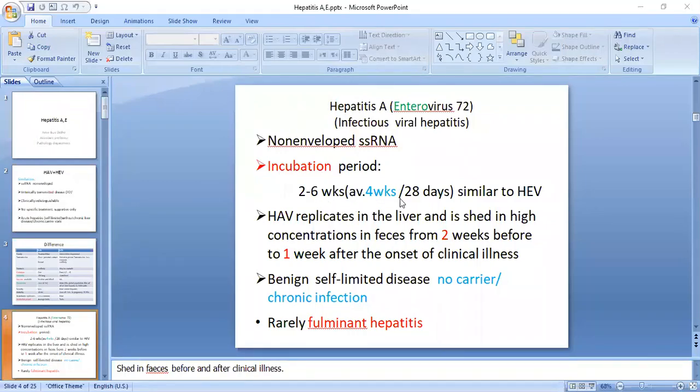Incubation is about 4 weeks, and it causes self-limited hepatitis. No carrier state or chronic hepatitis occurs in hepatitis A, and rarely, infrequently, A causes fulminant hepatitis.